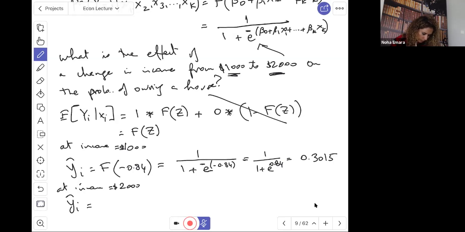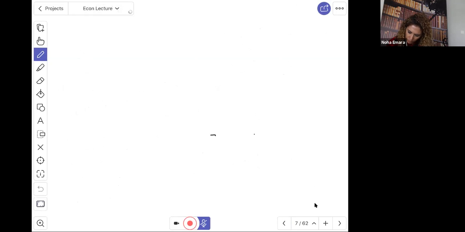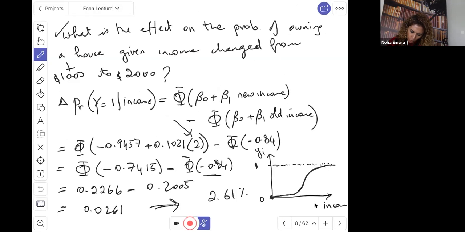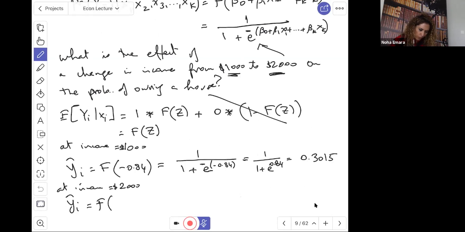So when we plugged in 2, we got this number, so I'm just going to use the same number. So f of negative 0.7415, 1 over 1 plus e to the power of negative 0.7415, which is equal to, you will find it as 0.32267. Now the question is about the change.